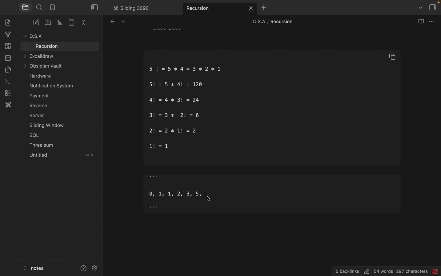If someone asks what the value of the next one is, it depends upon the two previous values. When the work is dependent upon the small work, we can say these problems belong to recursion.